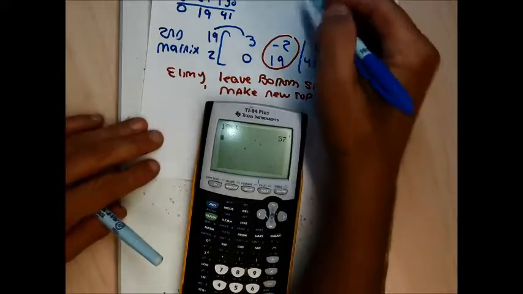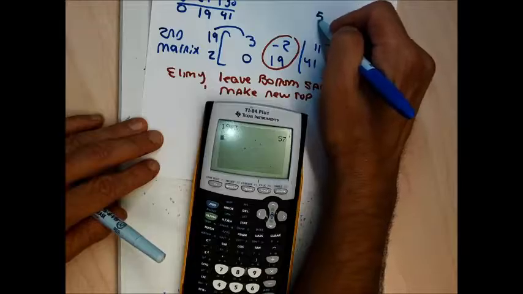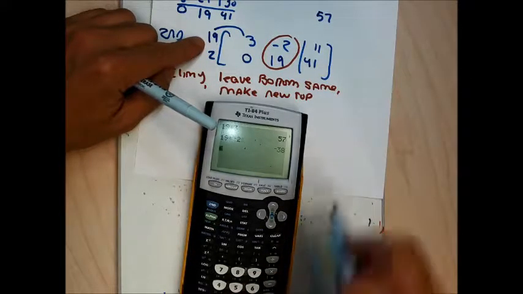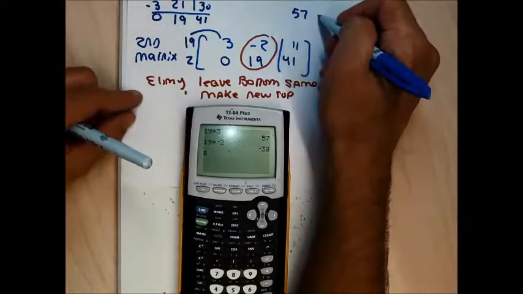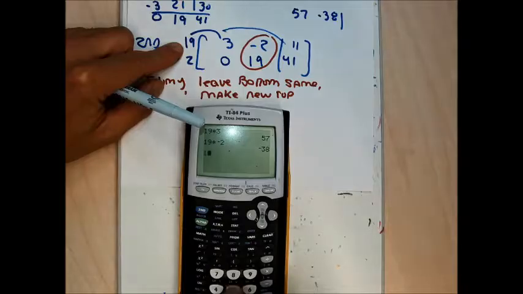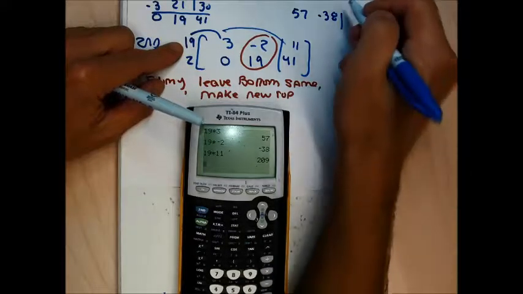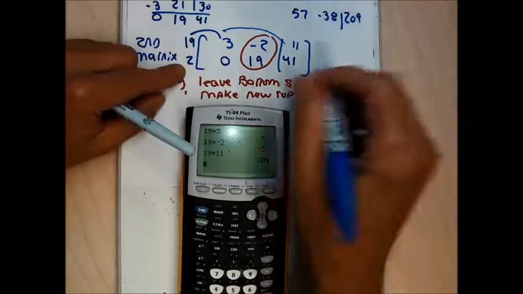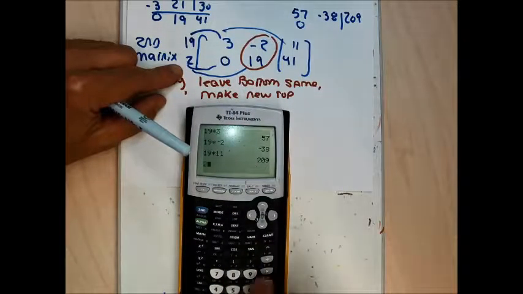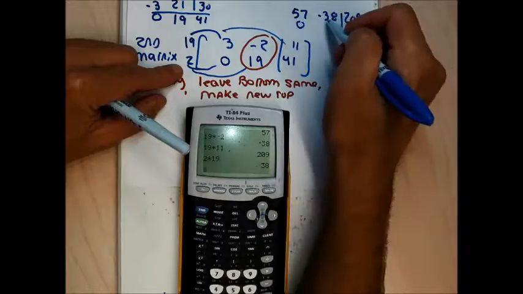it's going to give me 57. And then 19 times -2 and get -38. And then 19 times 11 and get 209. Bottom, 2 times 0 is 0. 2 times 19 is 38.